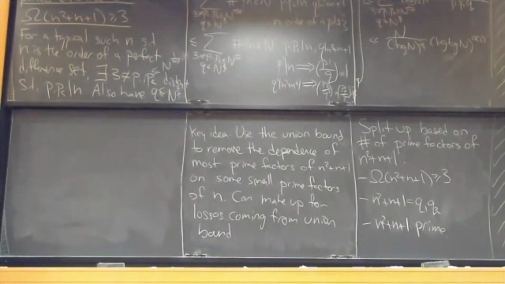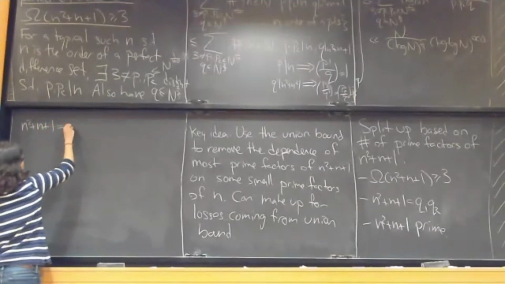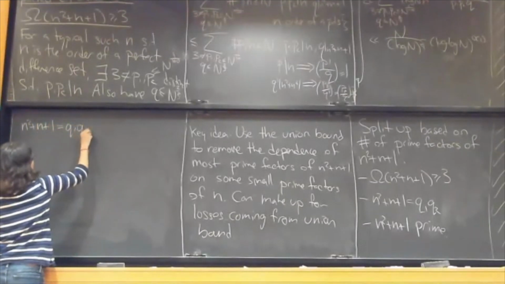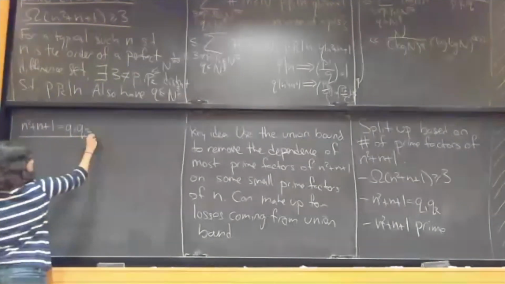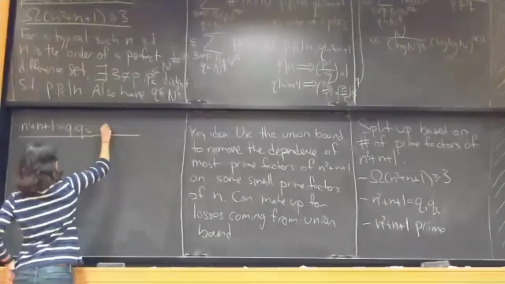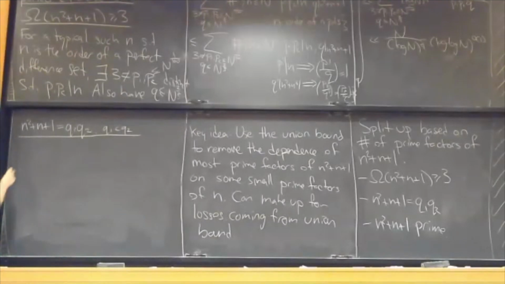Okay, so when n squared plus n plus 1 is the product of 2 primes, you have to split into some subcases depending on the size of the smaller prime. So we'll assume that q1 is less than q2. There are 3 subcases.